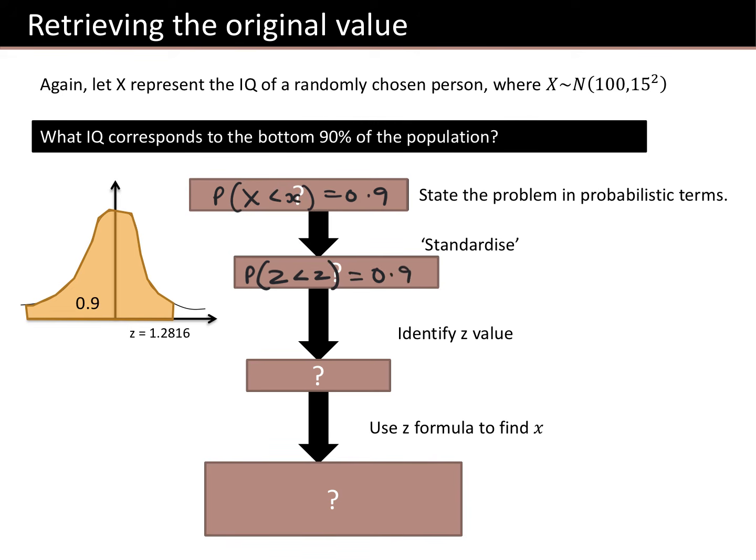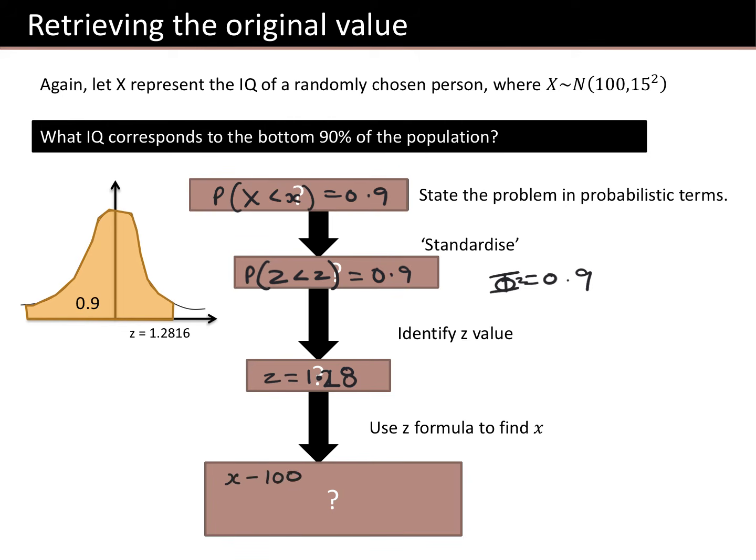I now need to identify my z value by looking for 0.9 in this column. It's 1.28. So my z value equals 1.28. And now I use the formula.